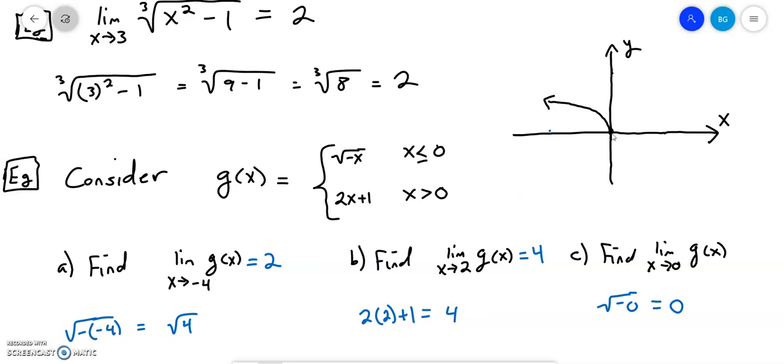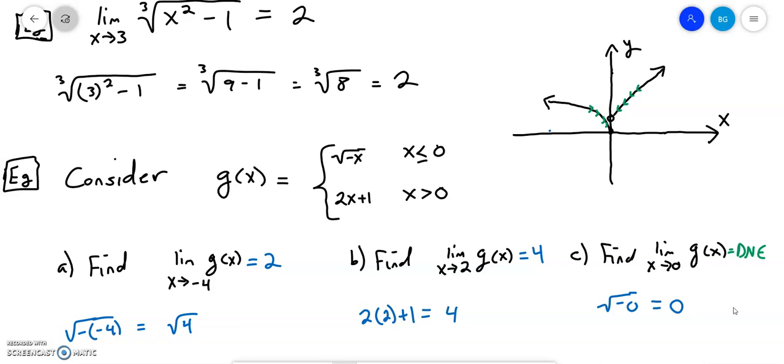And then if x is bigger than 0, it is a linear function with a y-intercept of 1 and a slope of 2. It's going to look something like that. And so you can see I have a jump discontinuity right at 0. So if I approach from the left, yeah, certainly it looks like the limit's going towards 0. But if I approach from the right, now the limit's going to be 1. So actually this limit does not exist.